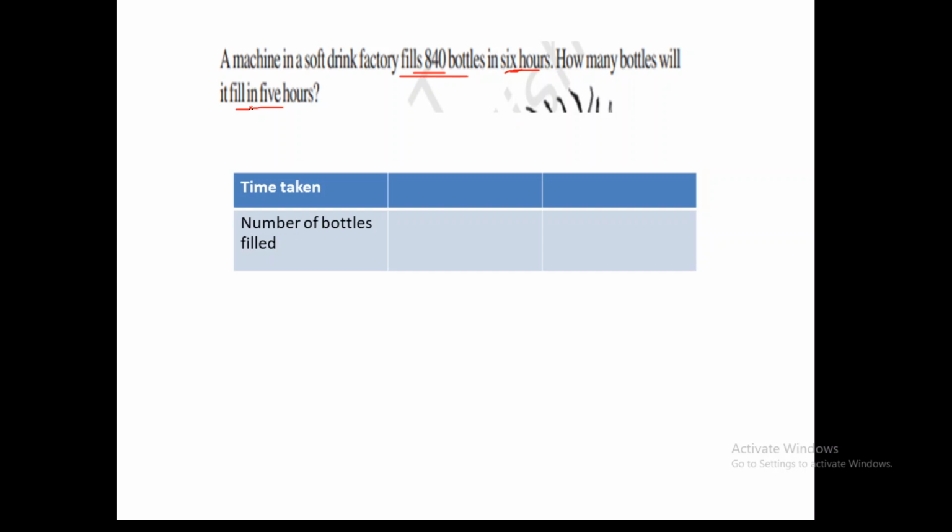Then how many bottles in 5 hours? If the time decreases, the number of bottles filled also decreases, right? So it is direct proportion. So time taken is 6 hours, that is given. Then how many bottles filled in 6 hours? 840 bottles filled.